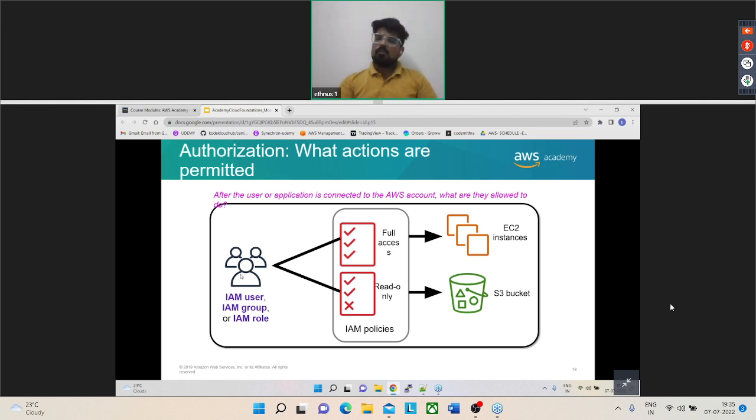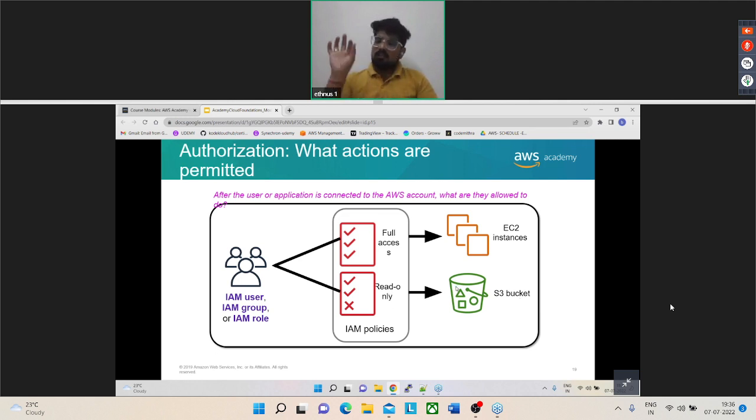The second thing is, for Mani and Sonia, I have attached another policy, which is a read-only policy for S3 buckets. Sonia and Nitin have the same technical profile, so I have grouped them into a single IAM group, and for both I have applied an IAM S3 bucket policy as read only.